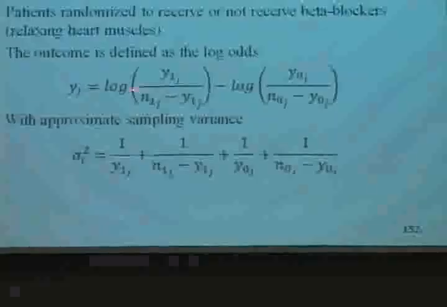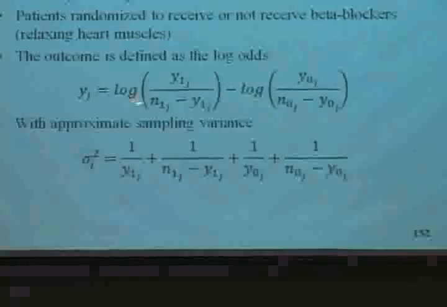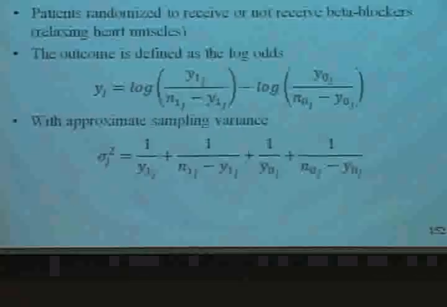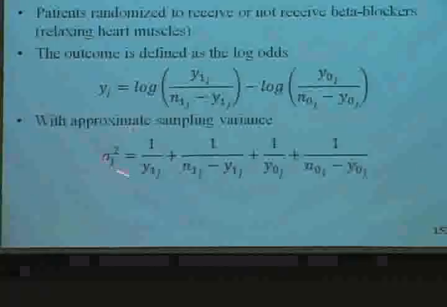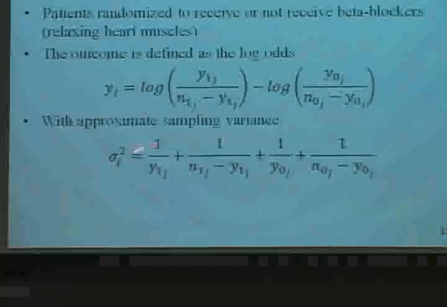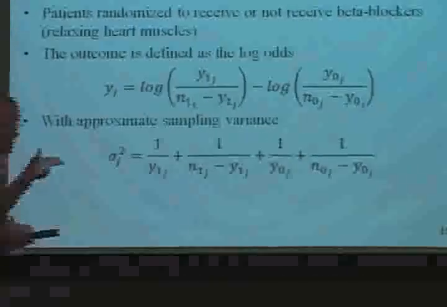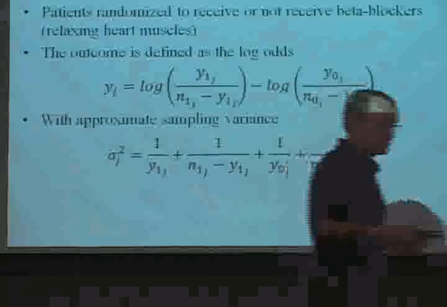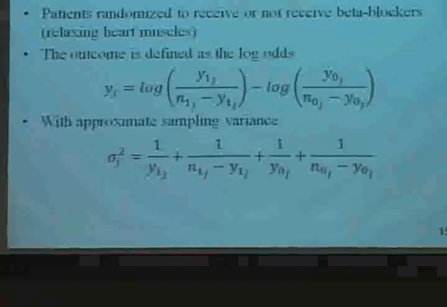Log of a cross product ratio, the usual Yule type of association coefficient. So the log odds is this difference of logs, which is the log of the ratio of these odds. And in stat books you have an approximate sampling variance that looks like that, and it can be adjusted by adding 0.5 and making it better.